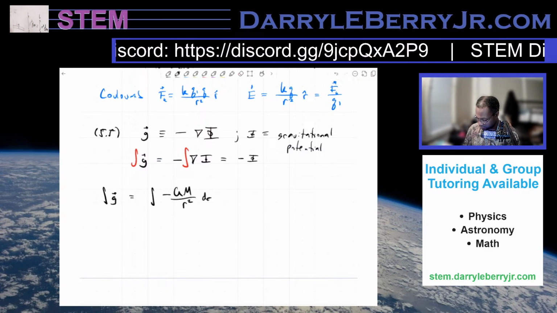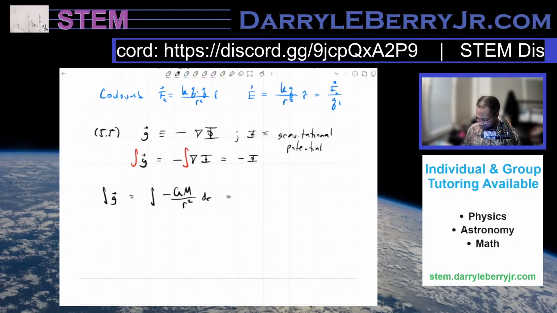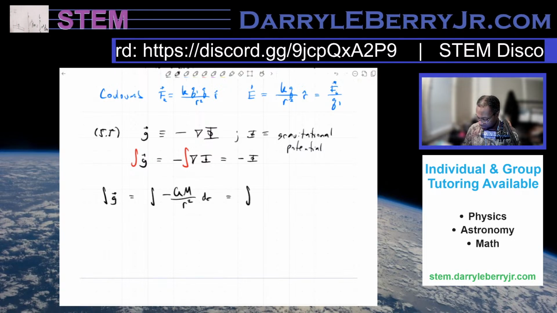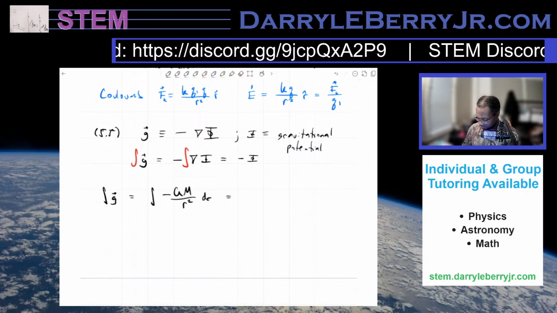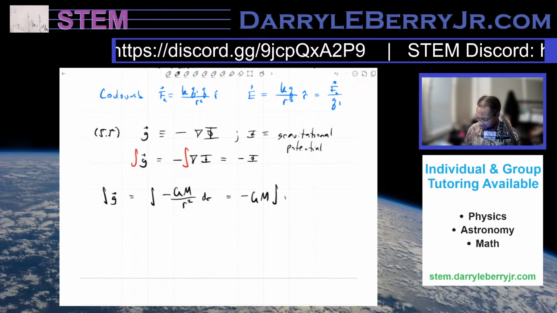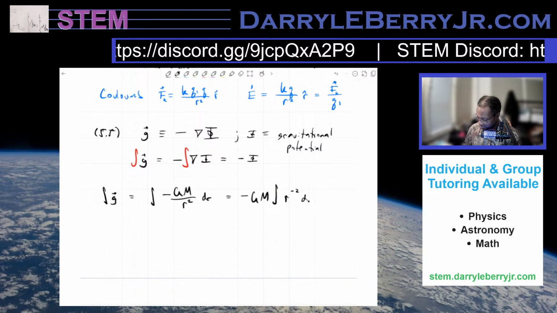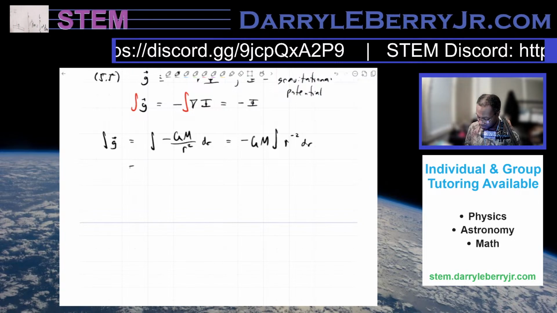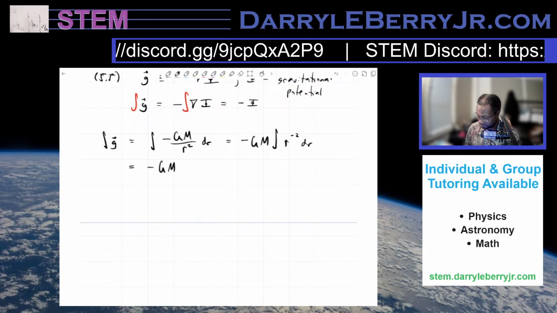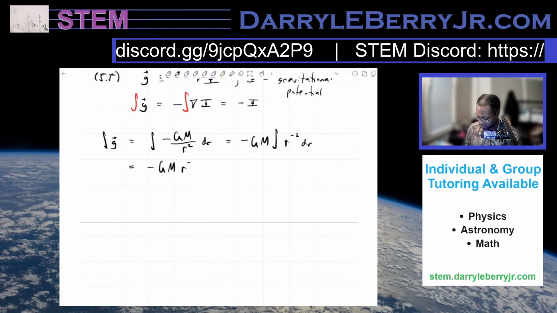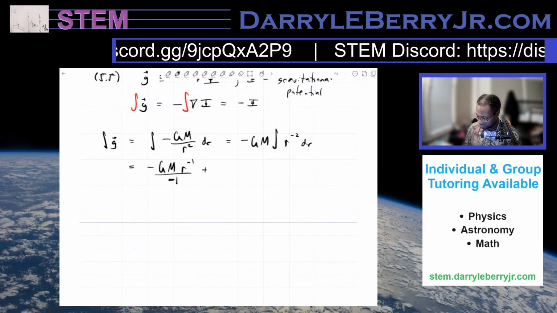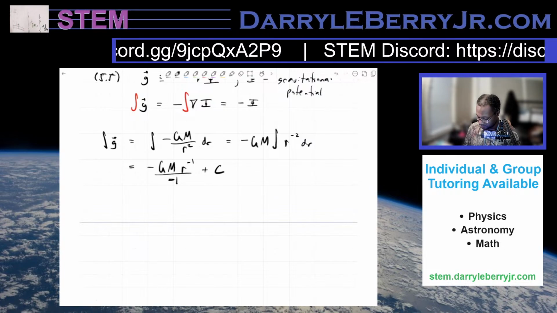That's going to be the integral of G M times the integral of r to the negative 2 dr. That is going to be negative G M, r to the negative 1 divided by negative 1, plus the constant of integration.